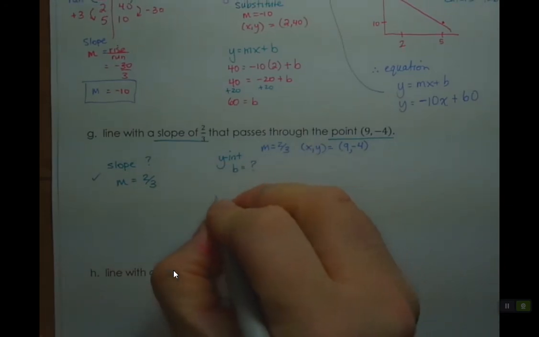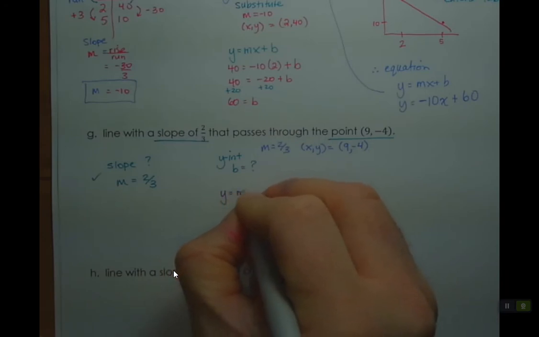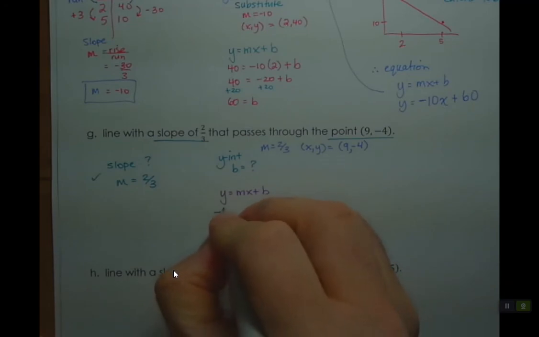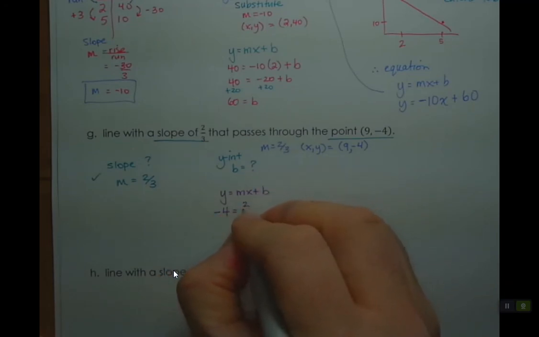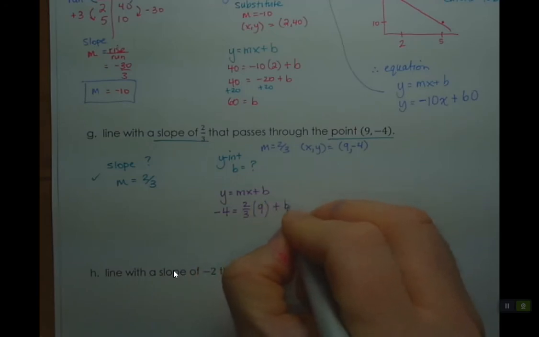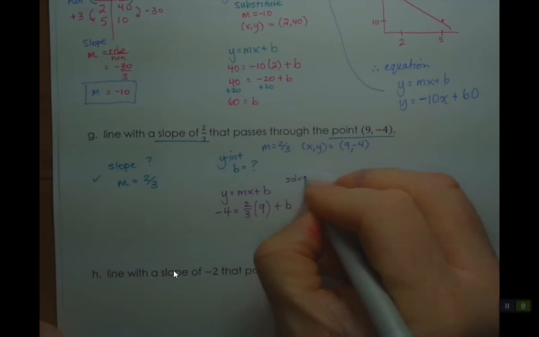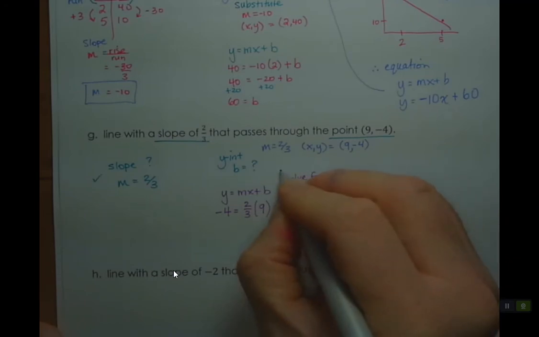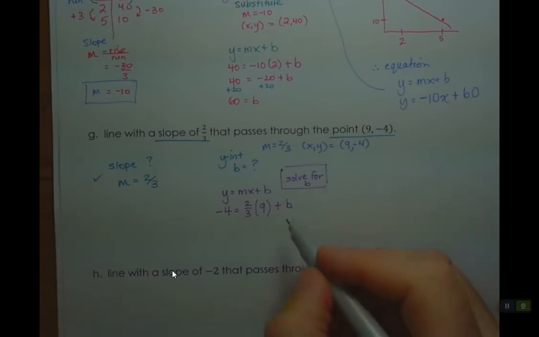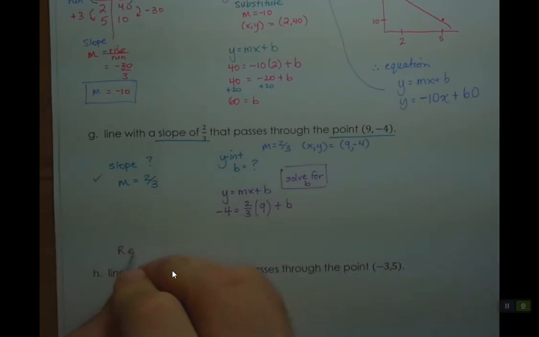So, let's plug in our stuff. Sub in our y is -4, our slope is 2/3, our x is 9, plus b. We're going to solve for b now. If we have fractions, we have to remind ourselves how to multiply fractions.